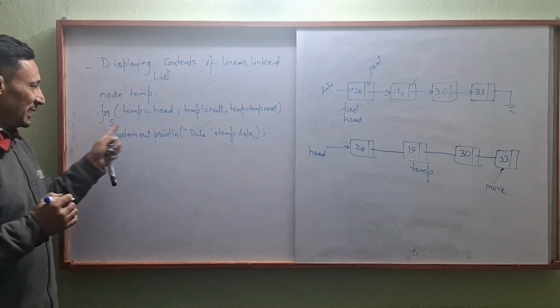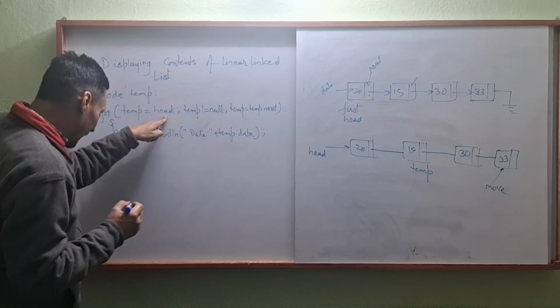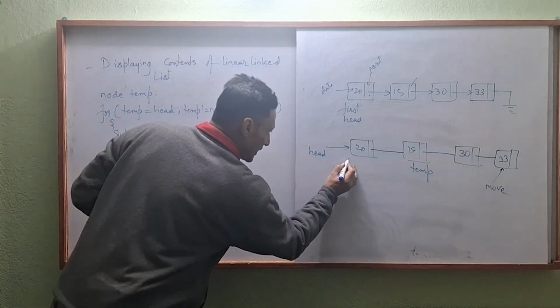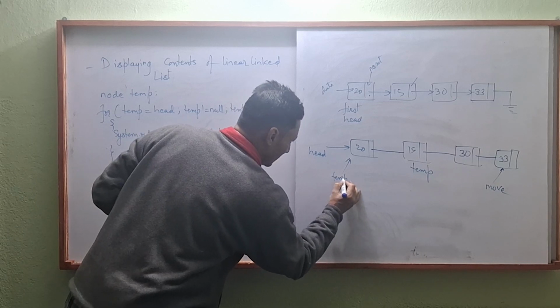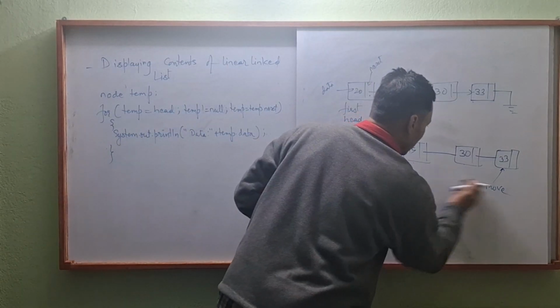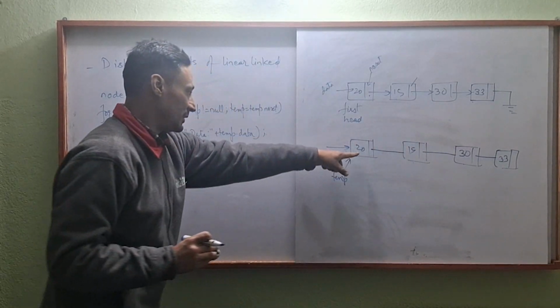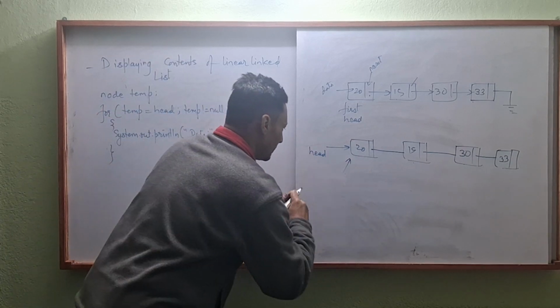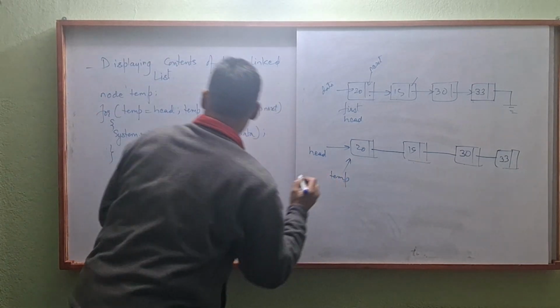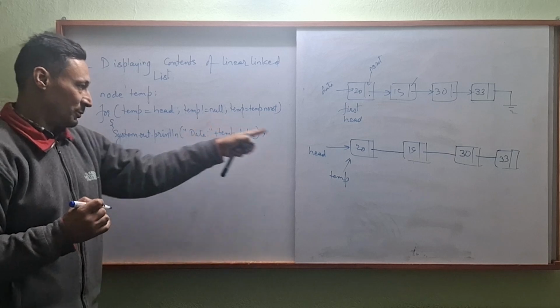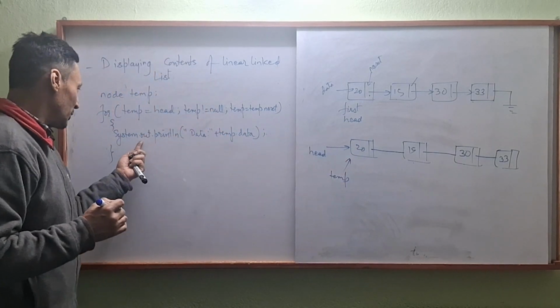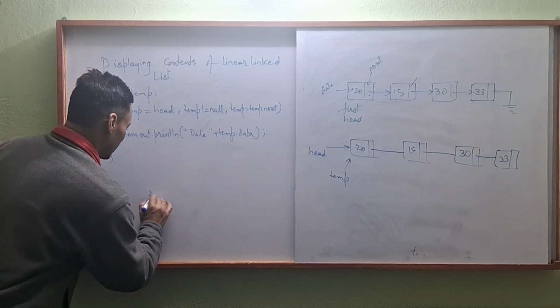What is happening here is initially we assign head to temp, so temp will point to the head. Now erase these things for now. First head is made temp. Temp is not null, we have a valid reference, so it will print the value 20.